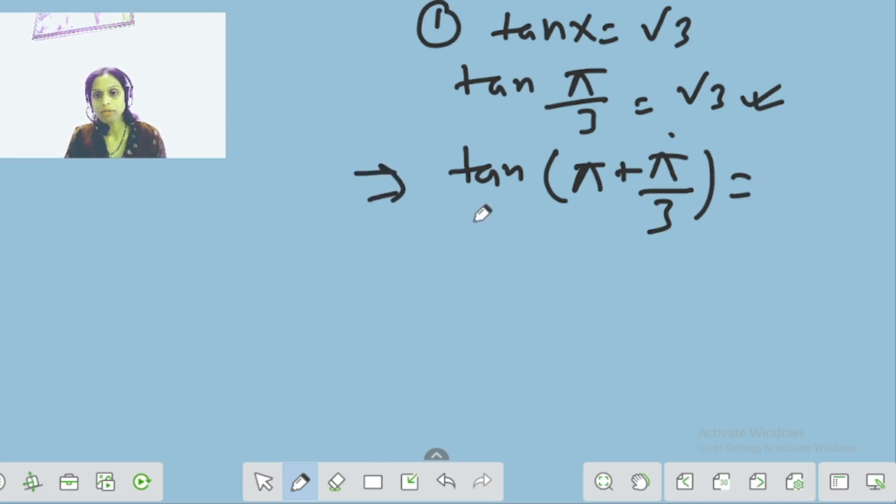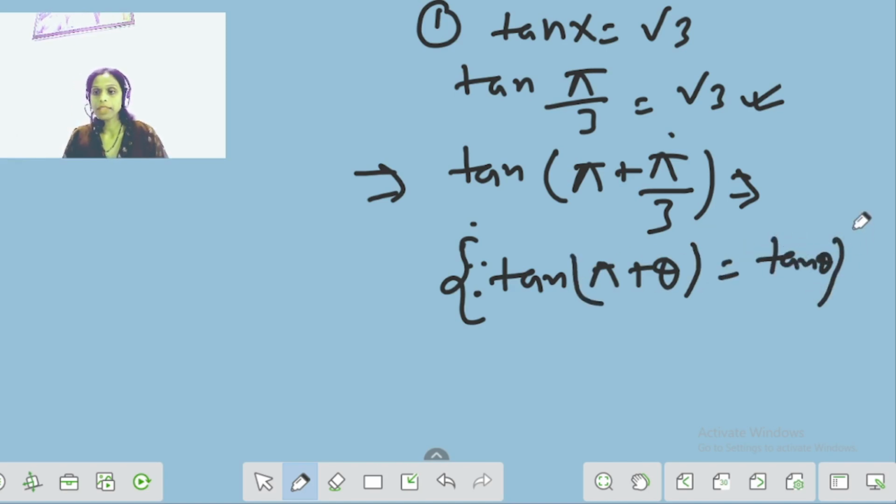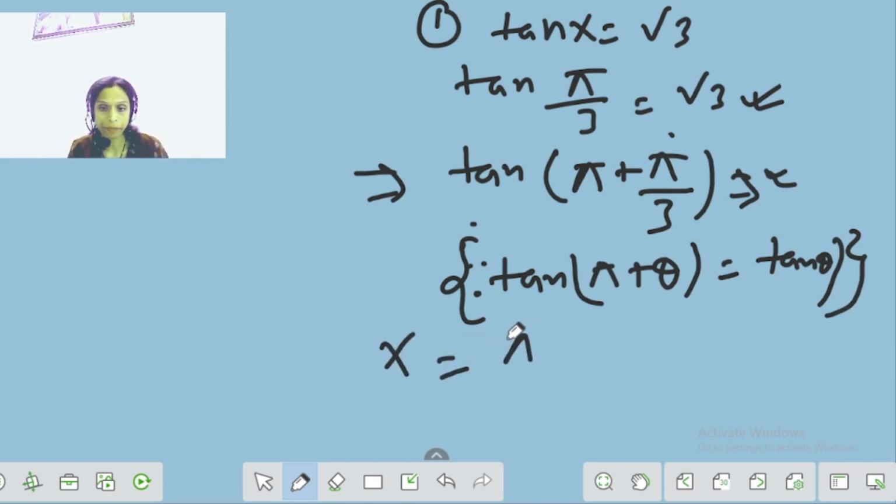You have to write it in this form, since tan(n pi plus theta) is equal to tan theta. Then if you generalize this into a pi form, x would be pi by 3.